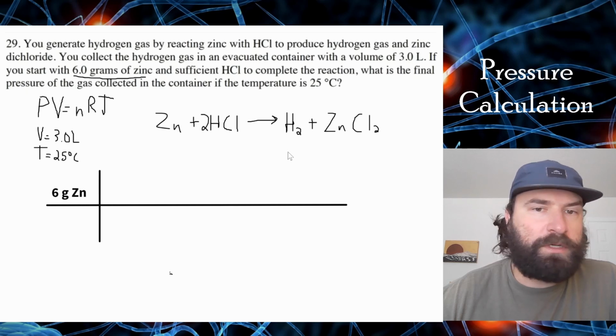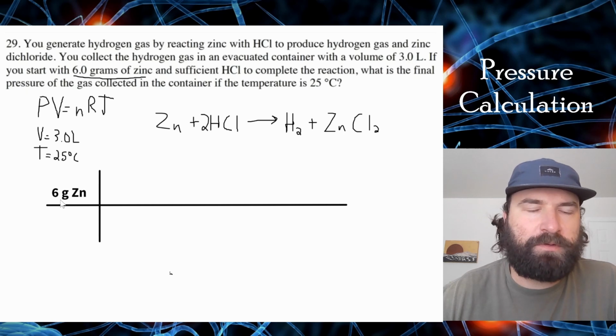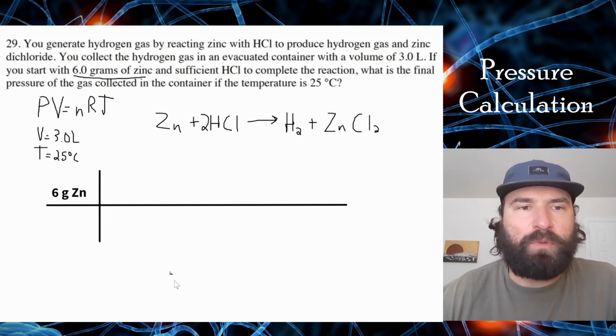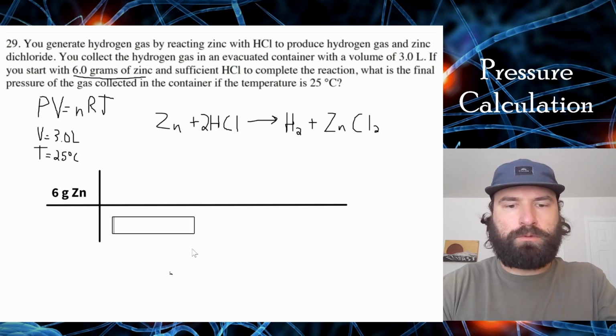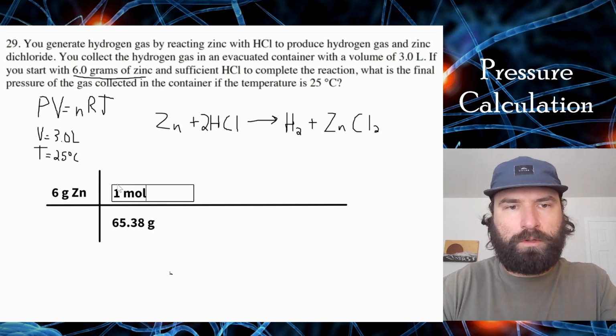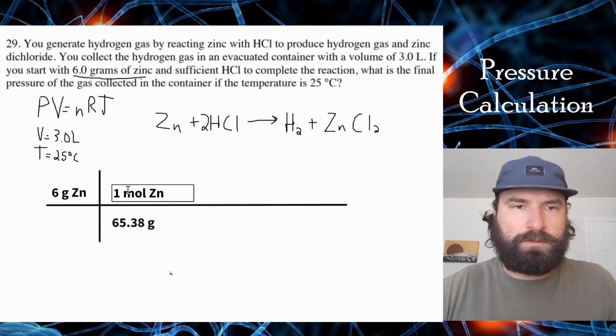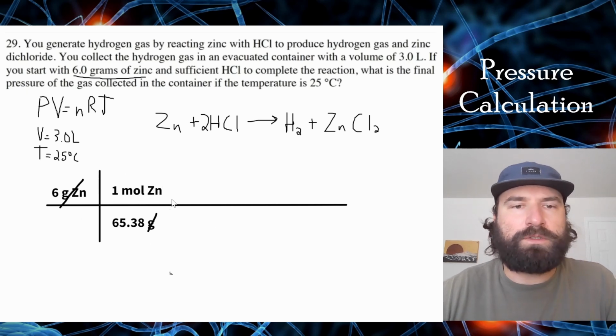In order to change from grams to moles, typically we're going to want to use a molar mass, because the units on that are grams per mole. So we're going to want to cancel out grams and get into moles. So we want to know how many grams of zinc are in 1 mole of zinc. Well, zinc's molar mass is 65.38 grams per 1 mole of zinc, which allows us to cancel out the grams units, and now we're in moles units.